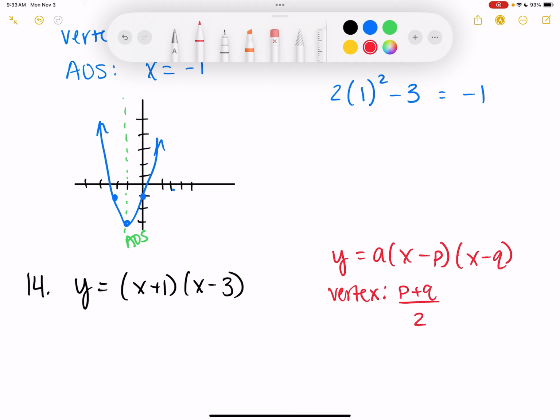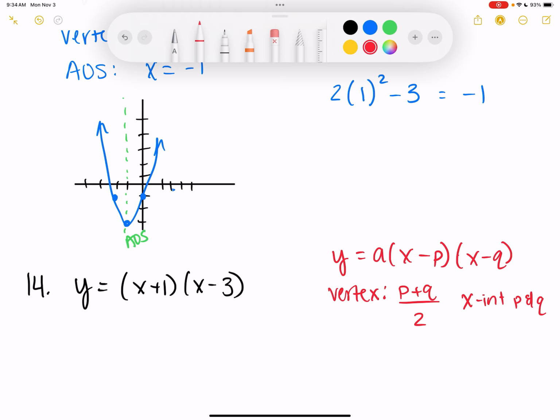So that means using the opposite signs of those. And the x-intercepts are at p and q, so whatever their numbers are. So basically opposite signs on the intercepts.